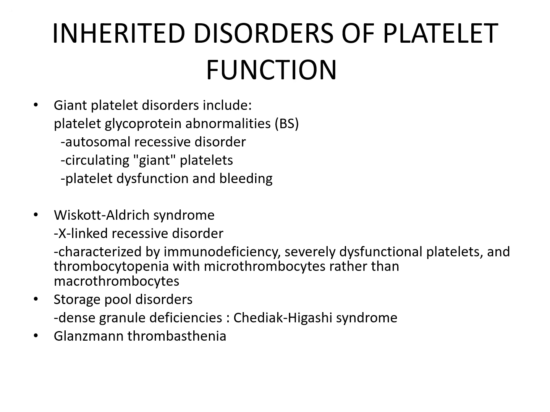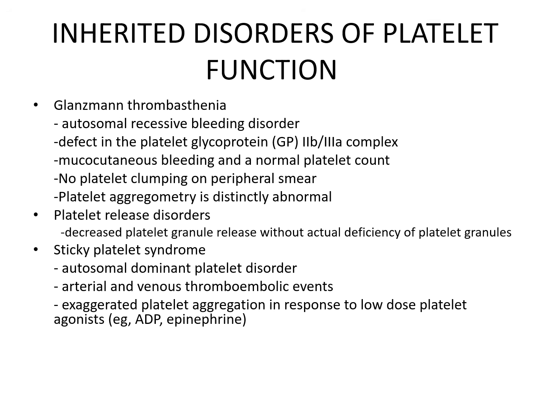So what is Glanzmann's thrombasthenia? Glanzmann's thrombasthenia is an autosomal recessive bleeding disorder characterized by a defect in glycoprotein 2B3A receptor. And if you go back to my initial slides, you would recognize that this receptor is responsible for the process of platelet aggregation.